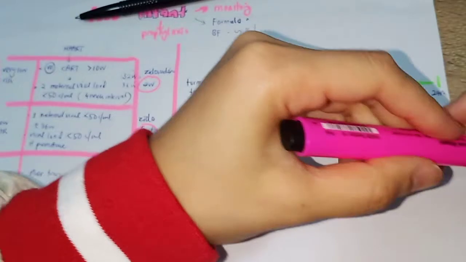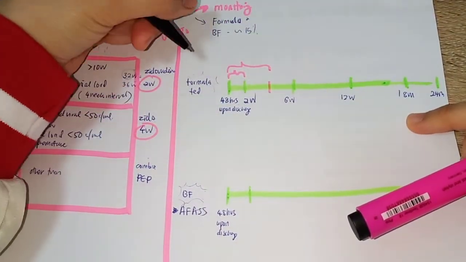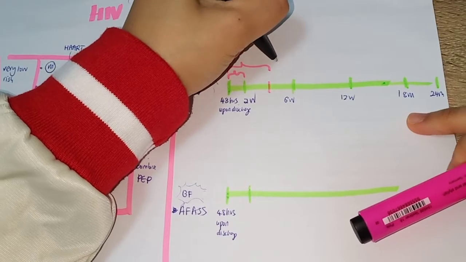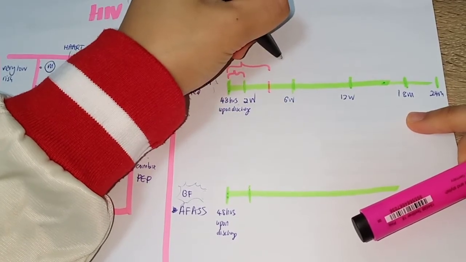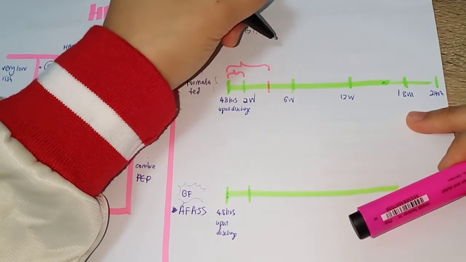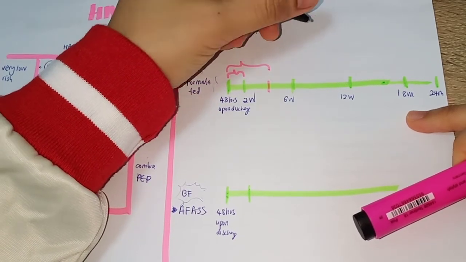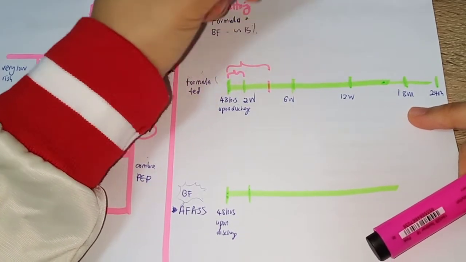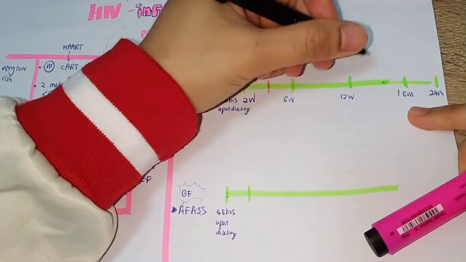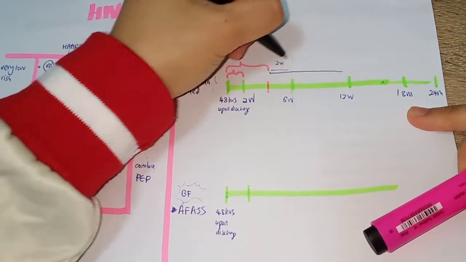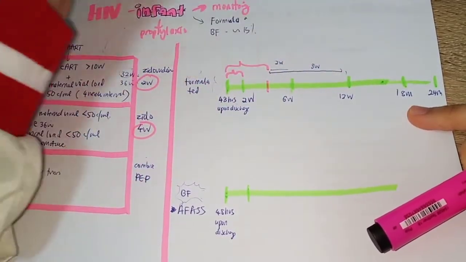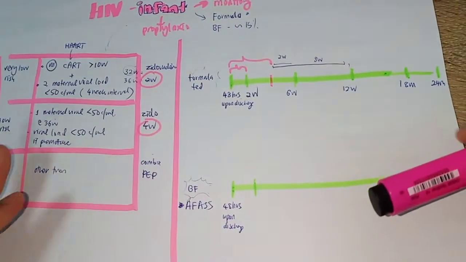In other words, the infants on formula feeding need to have the tests, the antigen and antibody, at 6 weeks or 2 weeks after the treatment, and also 8 weeks after the treatment. This is also in the MCQs, so don't get confused.